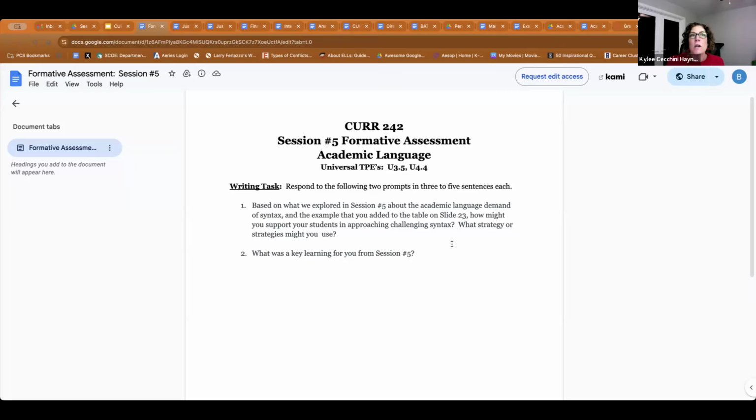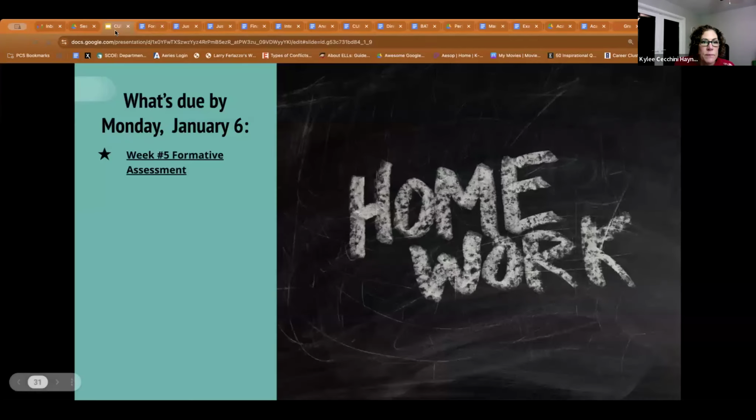So challenging long sentences, really descriptive passages. What strategy or strategies might you use to support them with the challenging syntax that your text has? What strategies might you use in a long word problem where the information is buried in there? And then, what was a key learning for you from session 5? Those are the 2 prompts, and they're due by January 6th.